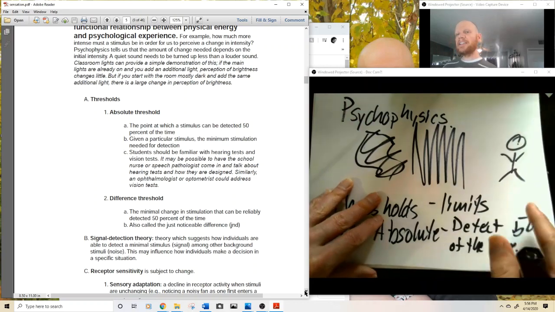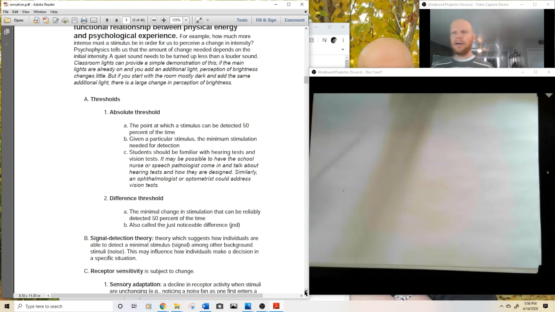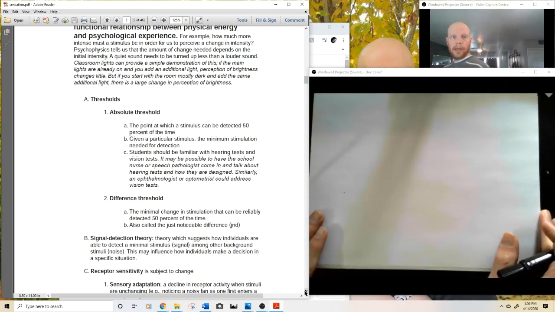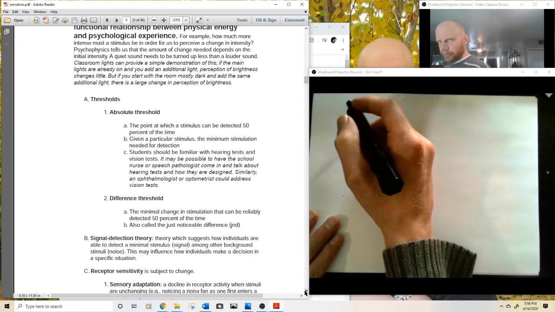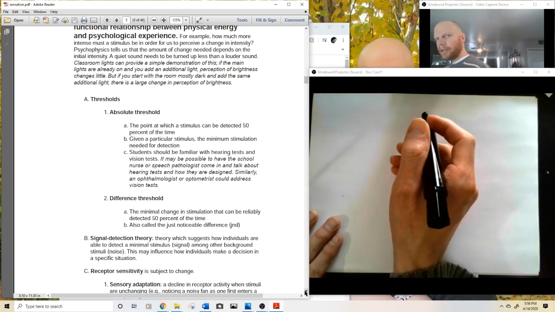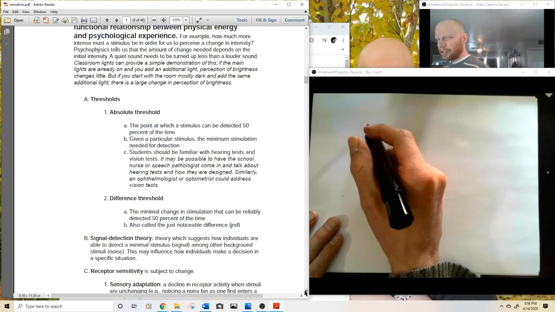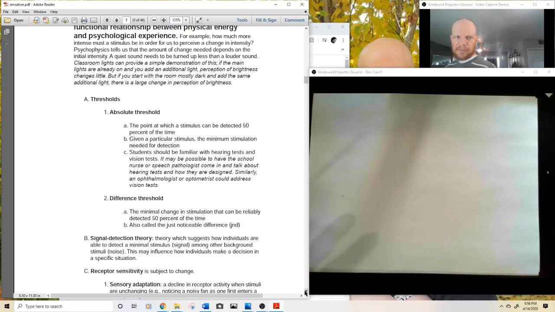So this is as far down as you go. If you can hear a thing 50% of the time, then you are at the absolute threshold of where you can perceive this. Think of a sound, and if you could hear that sound more than 50% of the time, you're above the absolute threshold. If you perceive that sound less than half the time, then you're below it. And that's just the way math works.